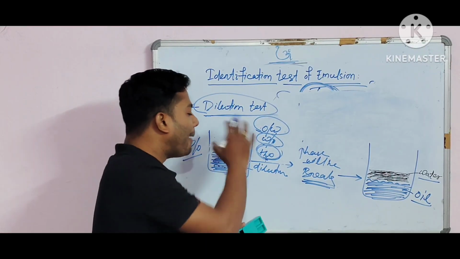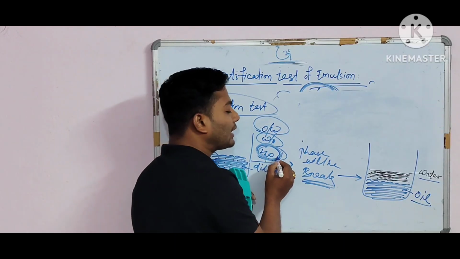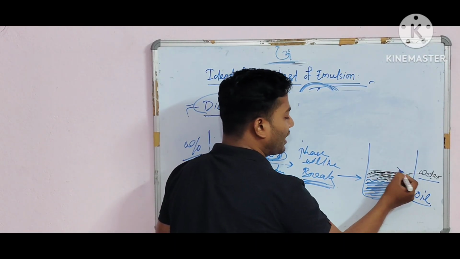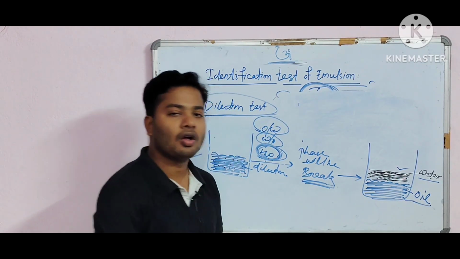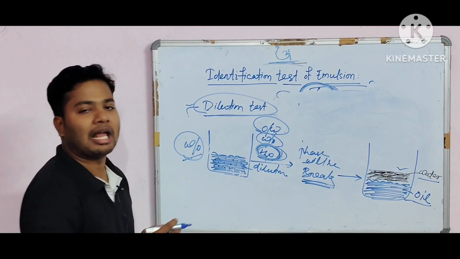So after adding the extra amount of water, the water leads to the phase break and they separate from each other. This one is the water part and this one is the oil part. Clear? That's why it is a W/O type of emulsion.